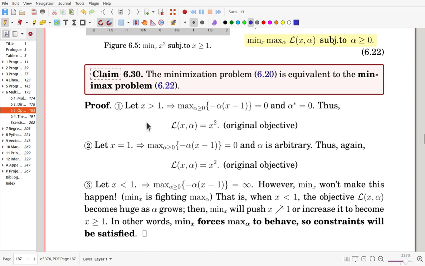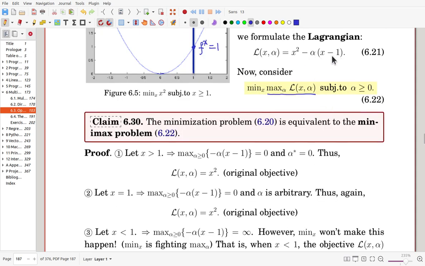When x is strictly larger than 1, the extra term is not touching x, so we consider this portion, the maximum over alpha non-negative.